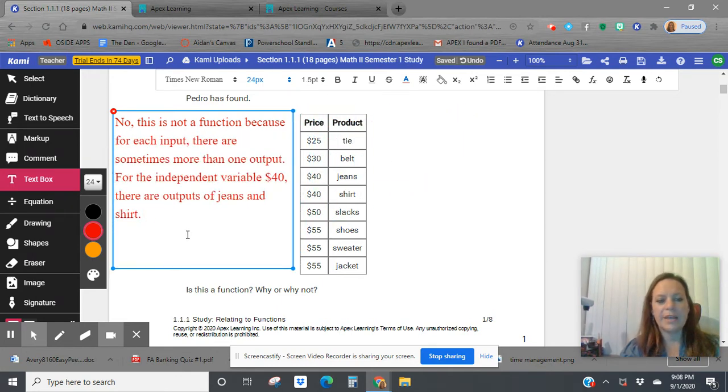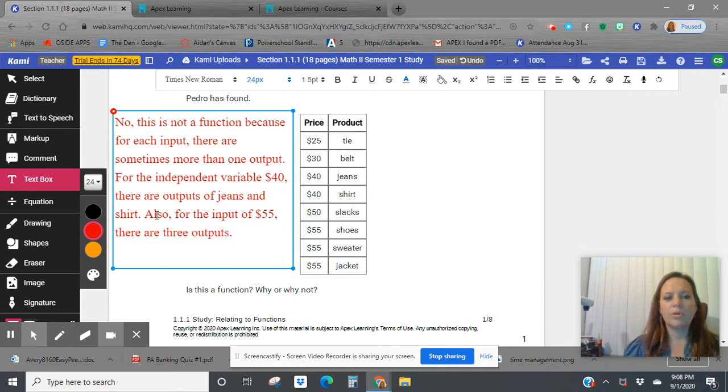Or maybe you could say also for the input of $55, there are 3 outputs. Notice that your words are going to vary compared to my teacher answer key. So you can put this in your own words as long as you're saying, no, it's not a function, and your reasoning makes sense with the diagram.